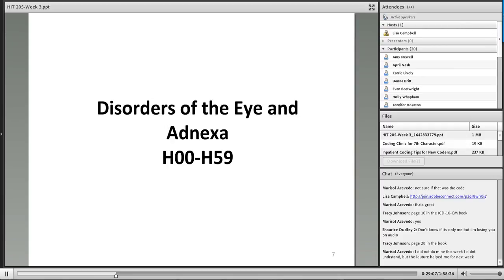One of the things that I want you to know up front is that in those two chapters of ICD-10, you're going to see lots of left and right codes. And you should remember from your first week reading, and if you did not get a chance to read the guidelines the first week, the very beginning of them, there is a rule related to laterality.